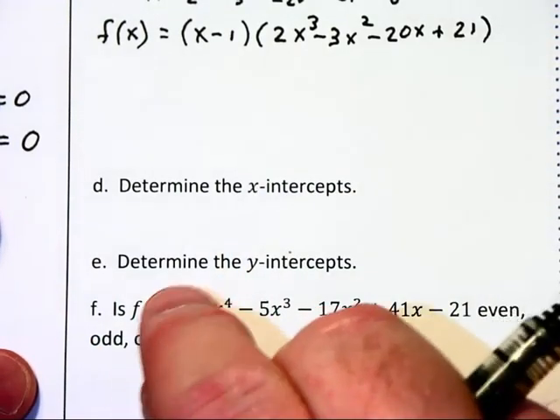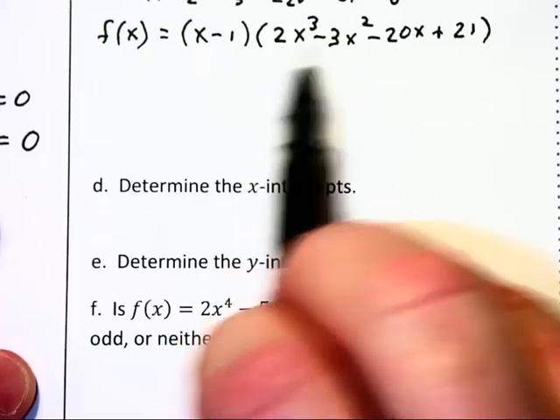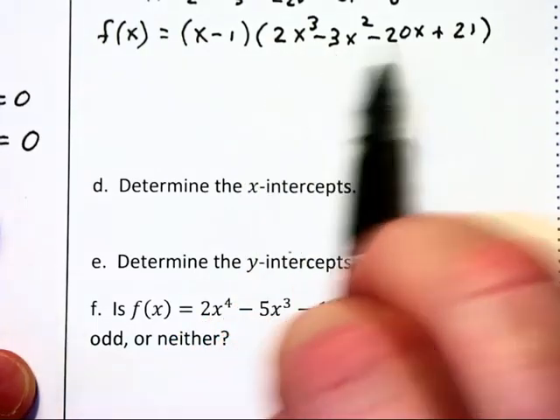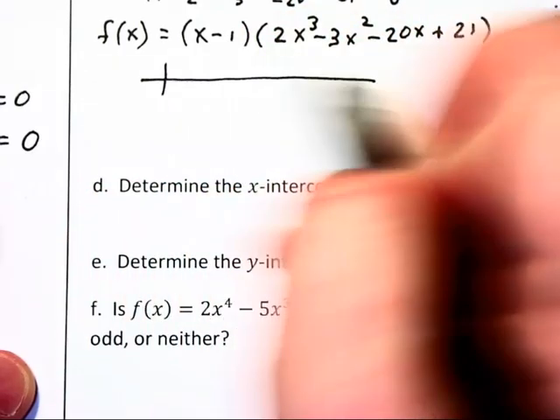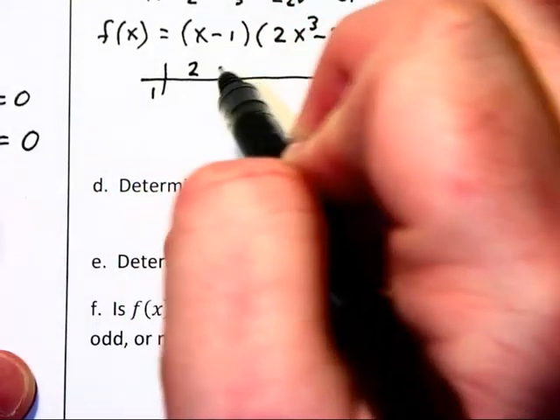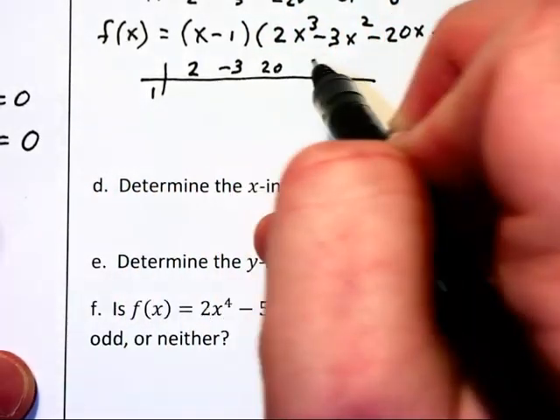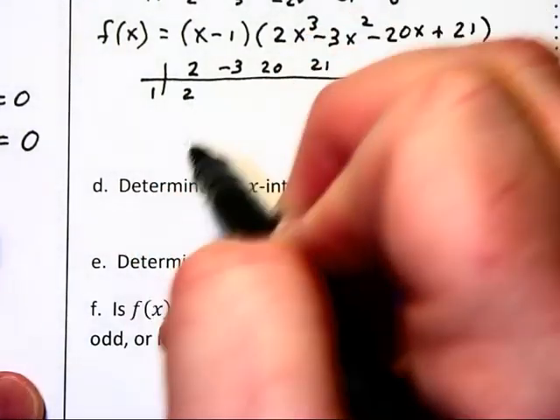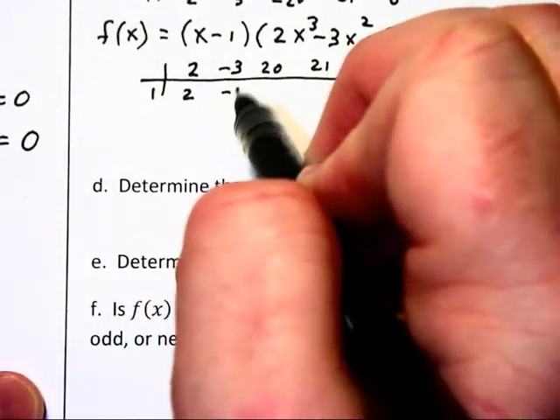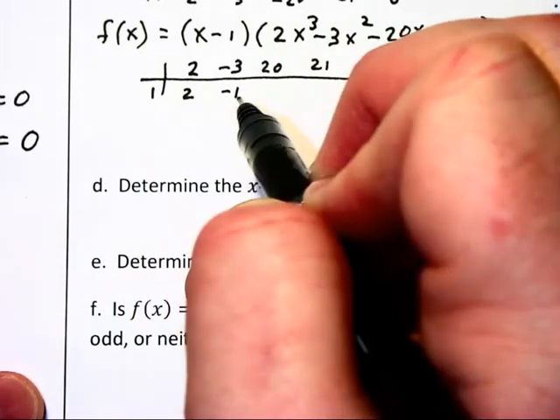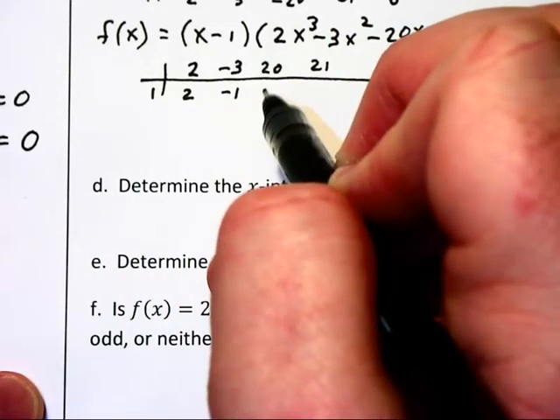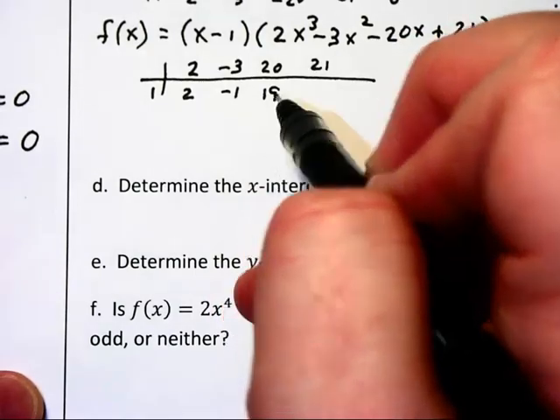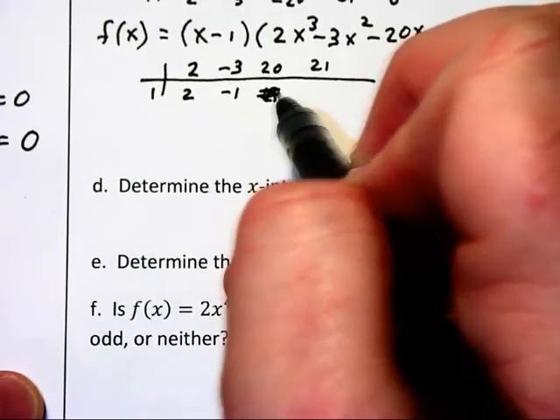Okay, that's our new function to try and break down a little bit more. And it turns out that if we try 1 and add these coefficients together, we get minus 23 and positive 23. 1 is going to work another time. So here we go, 2, negative 3, negative 20, and 21. Bring down our 2. 1 times 2 is 2, minus that 3 makes negative 1. 1 times negative 1 is negative 1, minus that 20 makes negative 21.